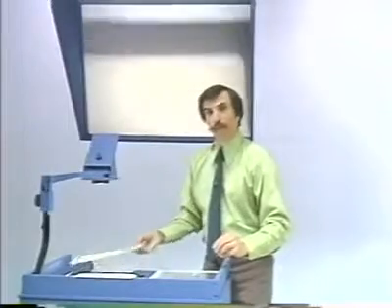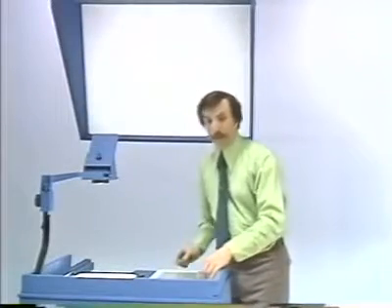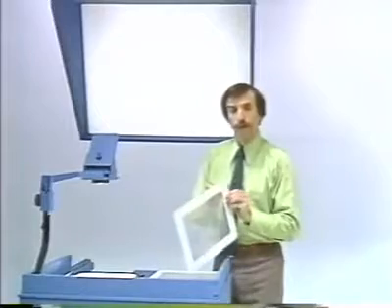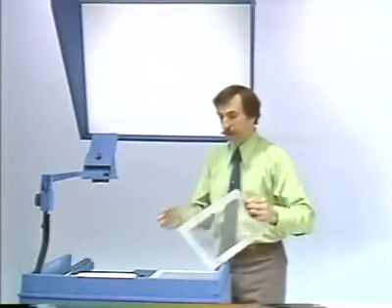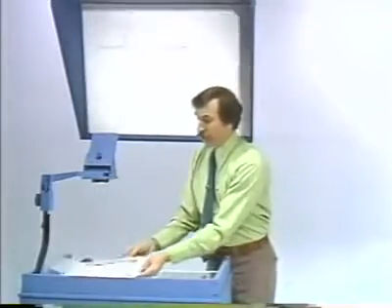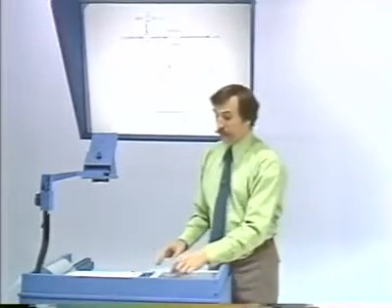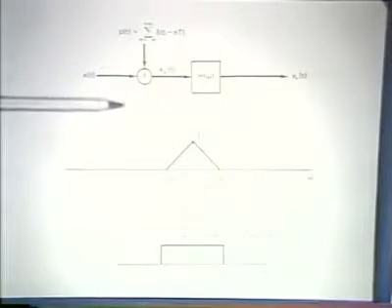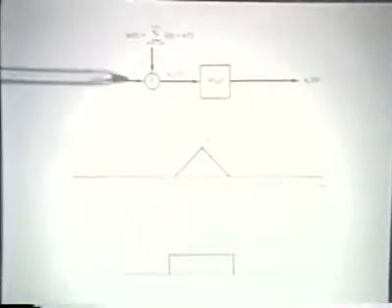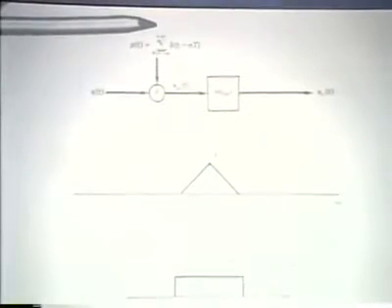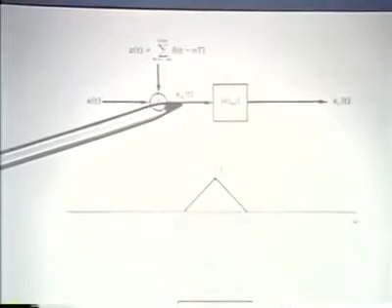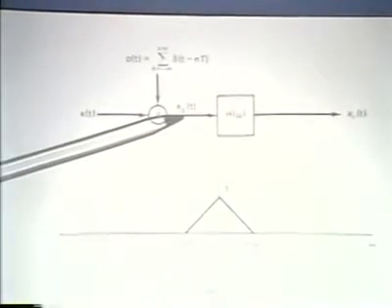So the overall system for doing the sampling and then the reconstruction of the original signal from the samples consists of multiplying the original time function by an impulse train, and that gives us the sampled signal.